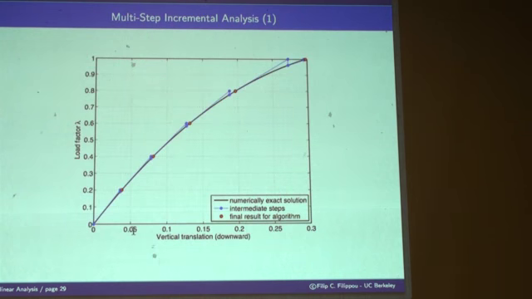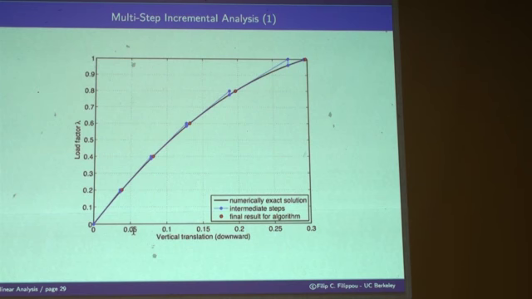All right, so now here comes an interesting thing I like to tell my students in nonlinear analysis. First, the black line, the numerically exact solution, doesn't exist. Only for a 1 degree of freedom system does it exist.